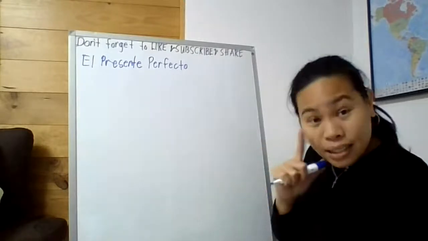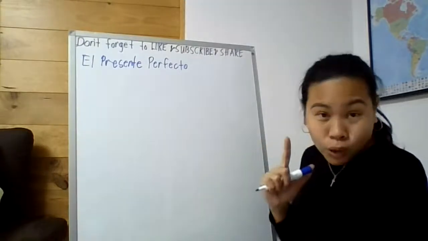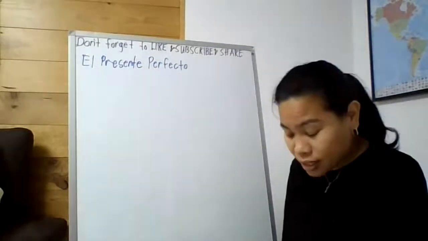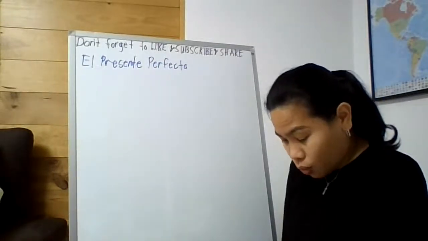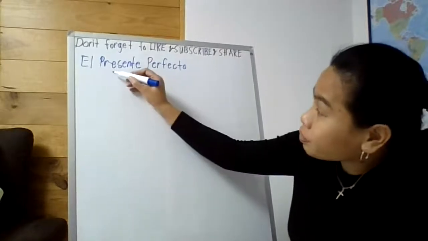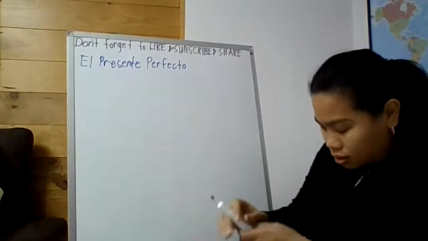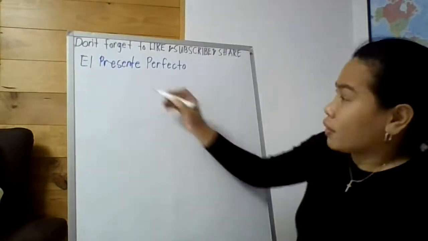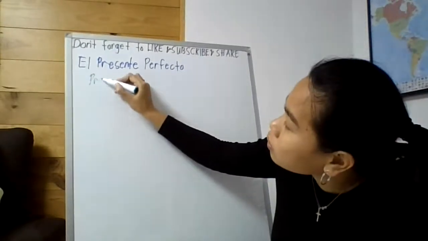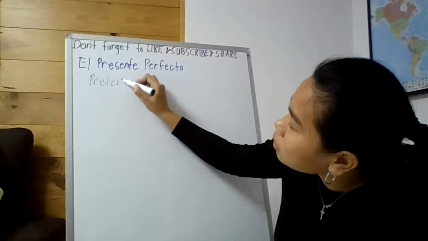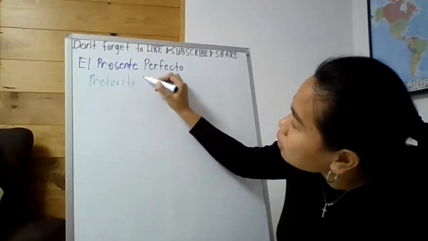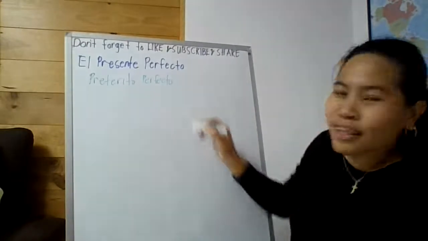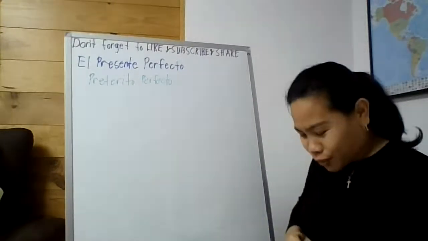So, we need preterito perfecto if we are going to use the present perfect. So, for example, different colors so that you can see preterito perfecto. Actually, I love this topic, the tenses of verbs.